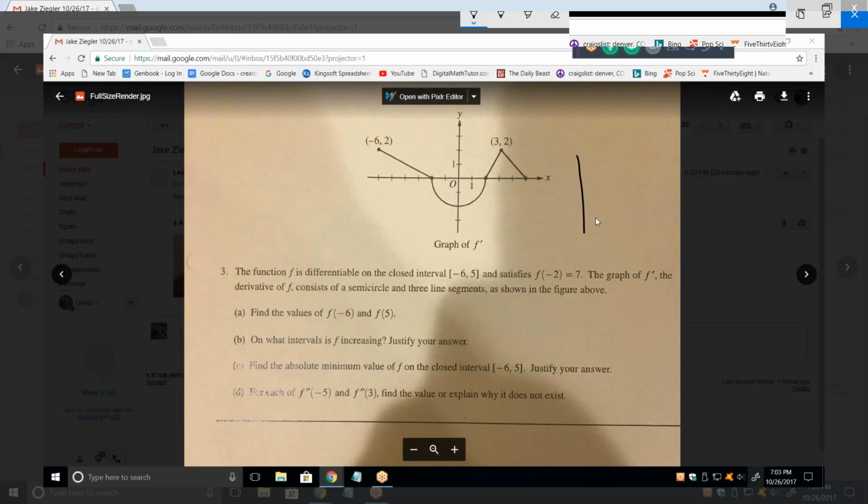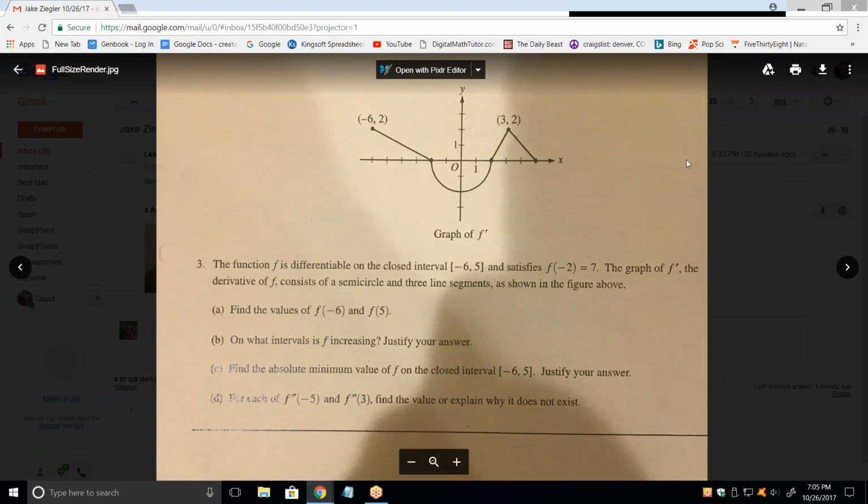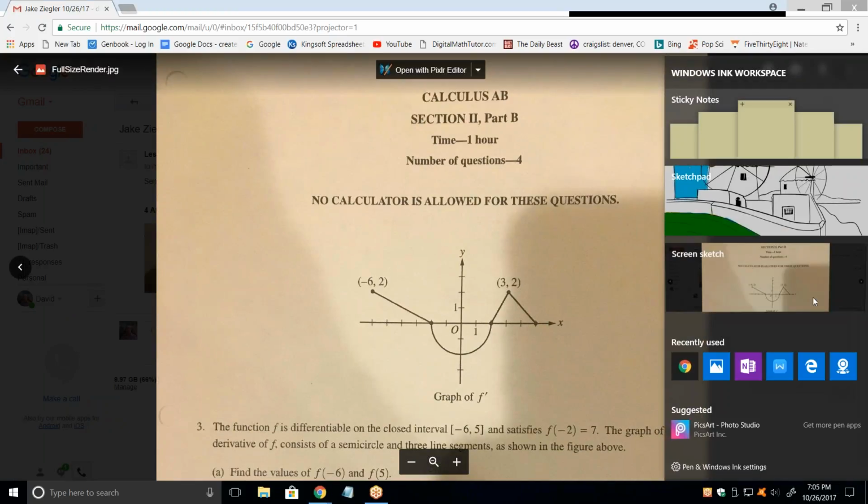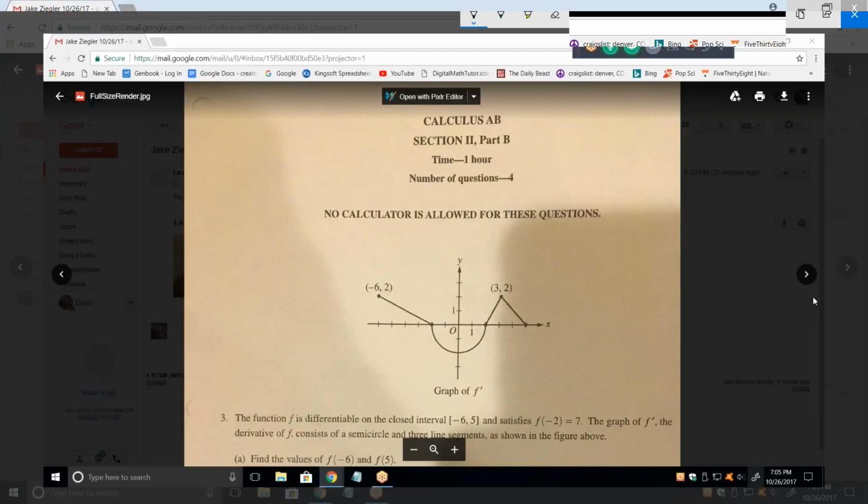Let me see if I can draw a graph above this, merely because that's what I'm used to doing, drawing the function above the derivative. Okay? So let's try to draw the function.